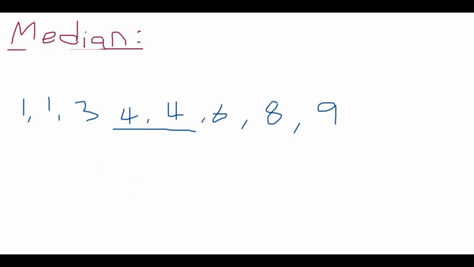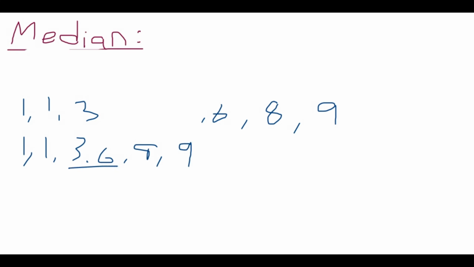Now let's try another case study again. If, for instance, all the 4s were removed, and they're left with 1, 1, 3, 6, 8, 9. In this case, what would be the median? We notice that 3 and 6 are at the middle. Let me just write this in the proper way. 1, 1, 3, 6, 8, and 9.